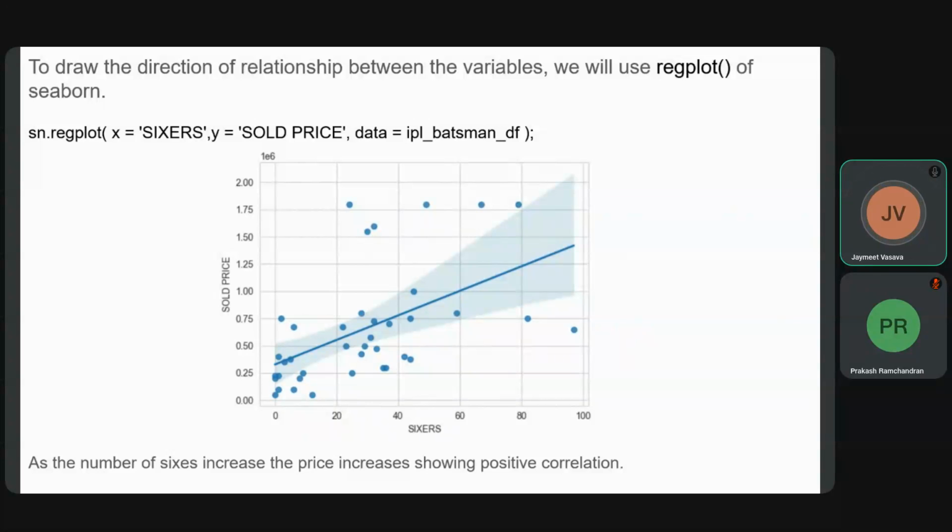Like the previous one, it will take the column sixers as x and selling price as y, taking the data from the IPL batsman DF that we just constructed, and create a regression plot.